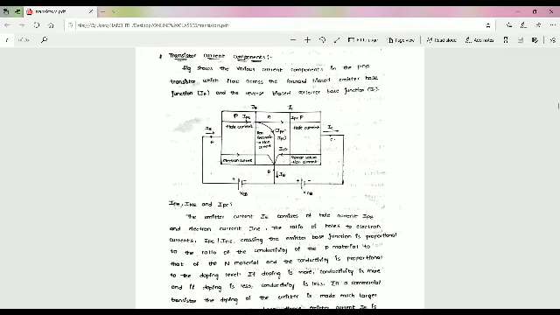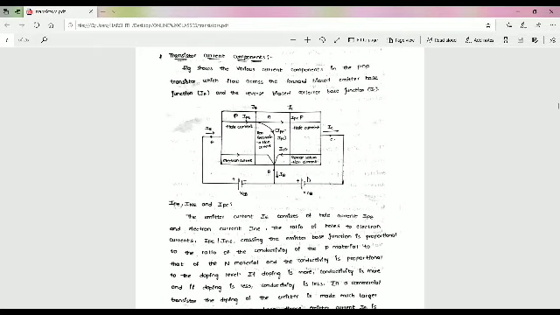And next one, transport factor beta. It is the ratio of injected carrier current reaching the collector base junction JC to the injected carrier current at the emitter base junction JE. In a PNP transistor, beta equals IPC by IPE.